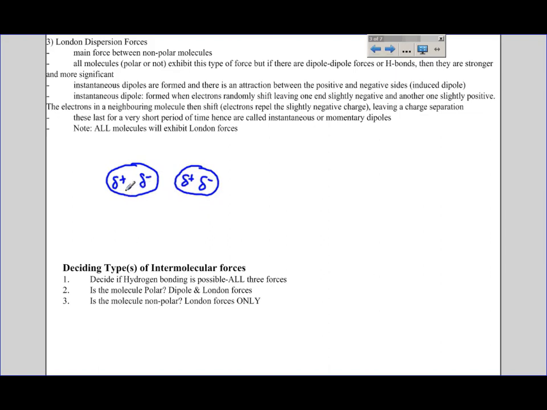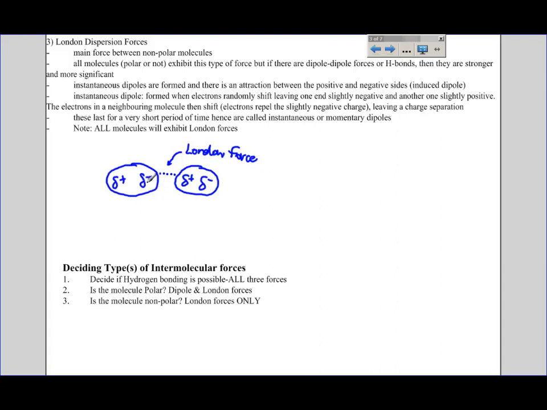The formation of these instantaneous dipoles will lead to the possibility of an attraction between the two molecules, and this attraction is the London force. Now, this intermolecular force is quite weak because as quickly as it's formed, it's going to be broken.